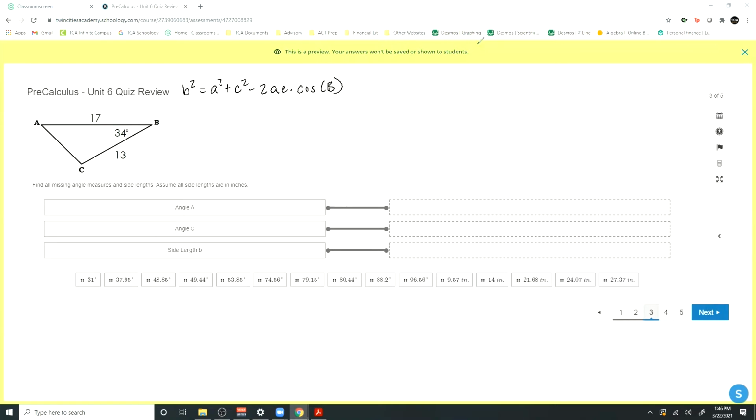Let's fill in what we know. B squared, I don't know length b, is equal to a squared, which is 13 squared, plus c squared, which is 17 squared, minus 2 times a times c, so 13 again times 17 again, times the cosine of angle 34.